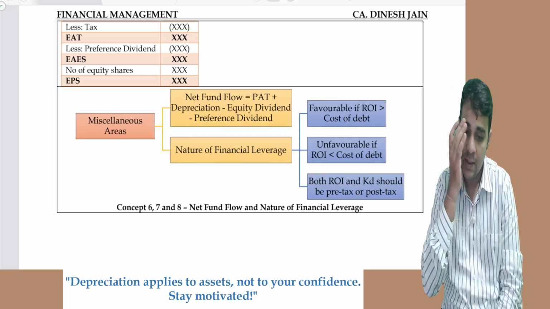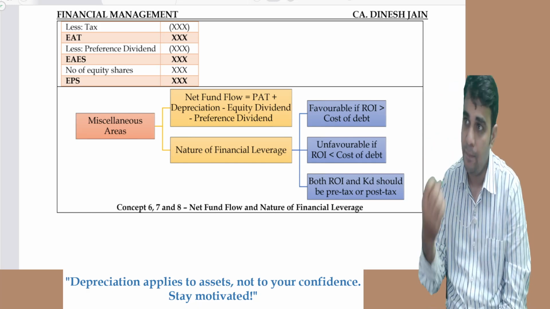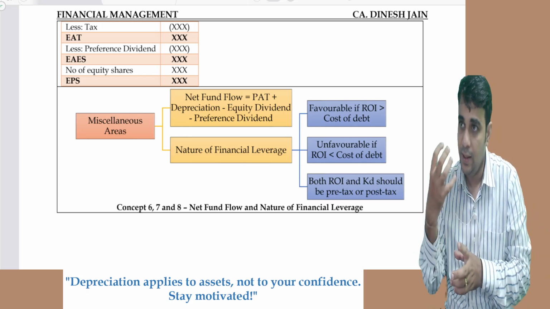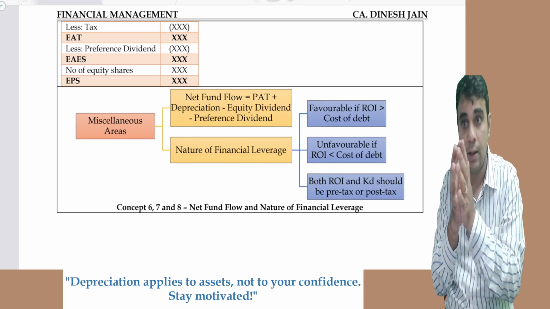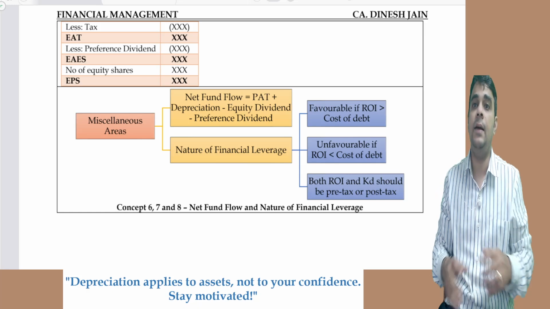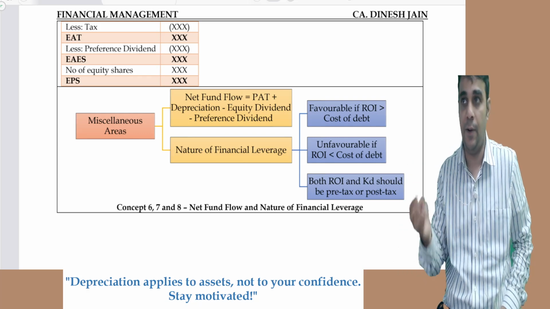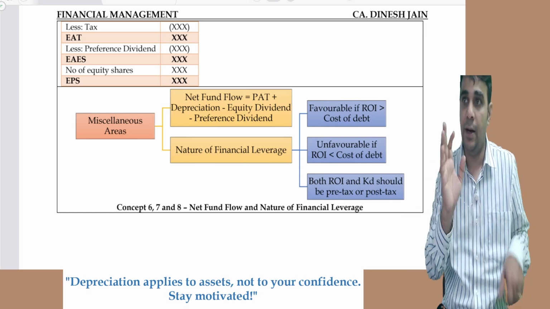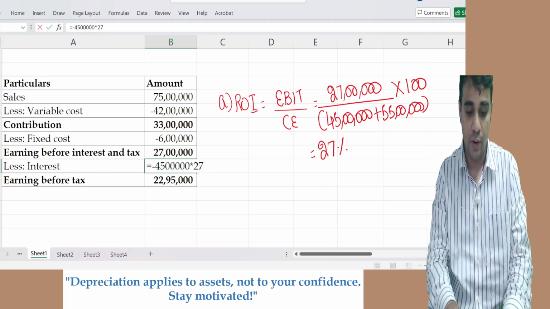I'll explain. See, I have taken some money from debt guys, some money from equity guys. Debt guys gave me 45 lakh rupees, equity guys gave me 55 lakh rupees, clubbed them together, earned 27 percent on whatever money they gave. Ideally, I should pay 27% to the debt guy as well as to the equity guy. The business generated 27 lakh rupees.